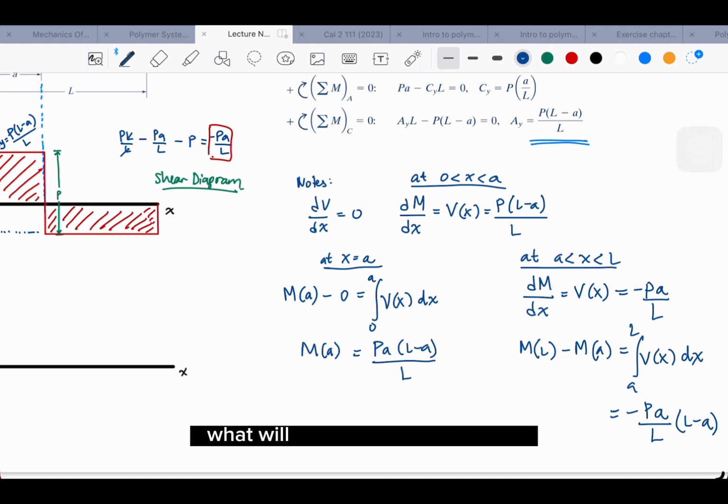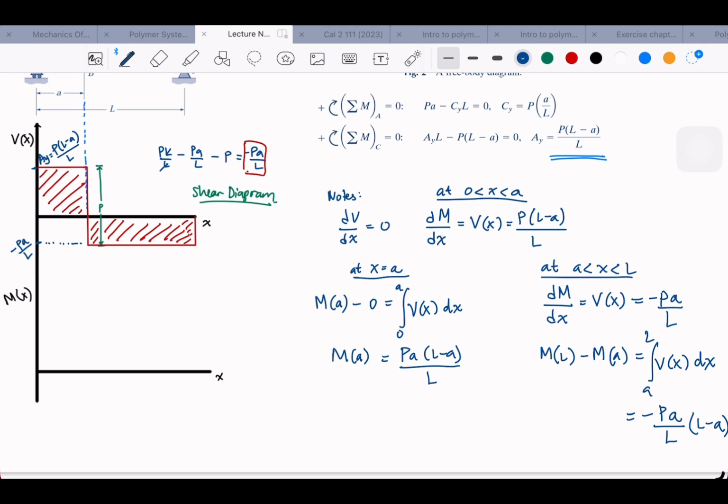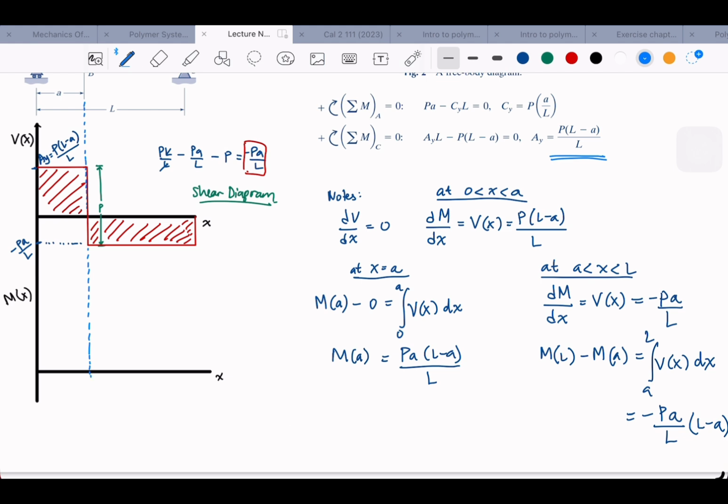Okay. So what will we try to relate from the notes to our diagram? So let's continue. This is the important point. Suppose we have a constant slope.